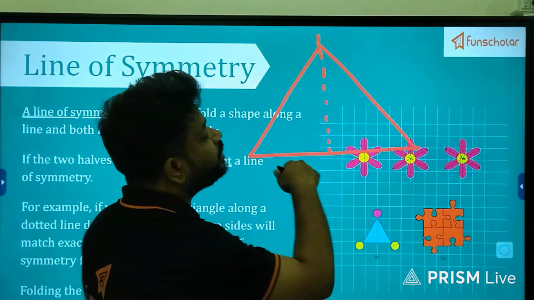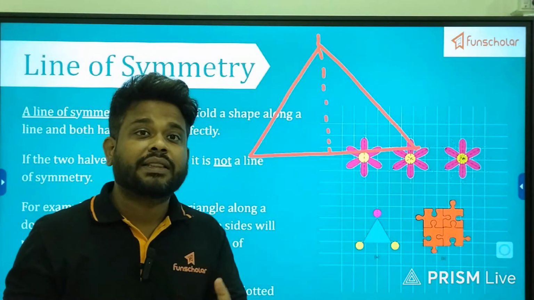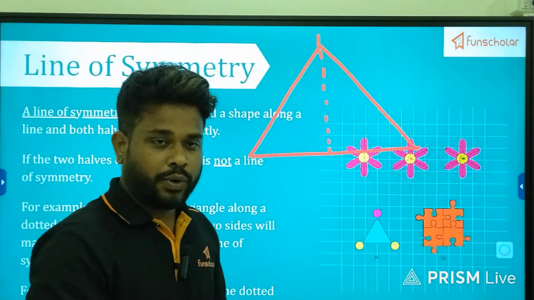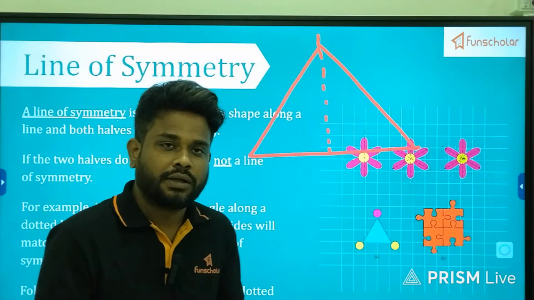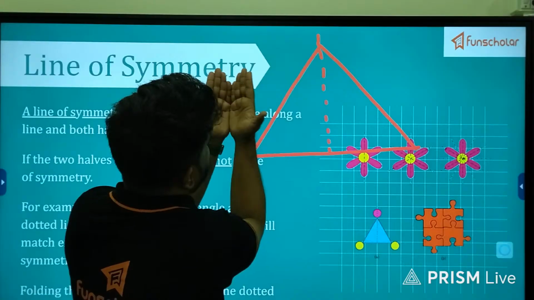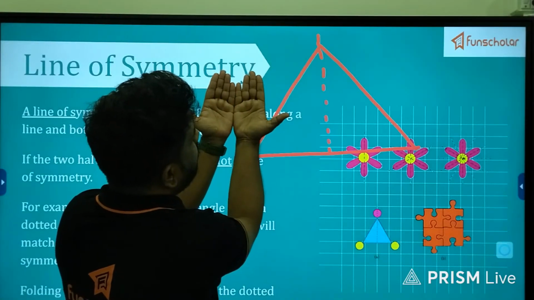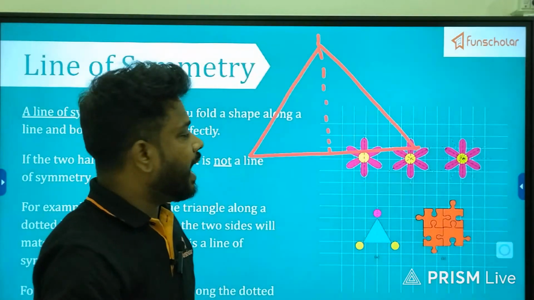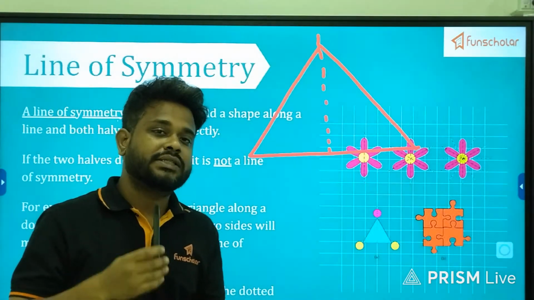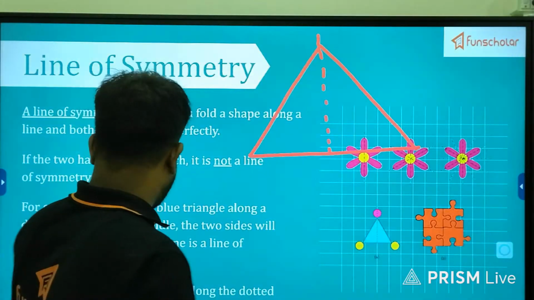The triangle will also get folded and both sides of the paper will be equal. If we draw here and fold it like this, there will be two equal parts of the triangle, folded to make a symmetrical figure. Okay, so done.